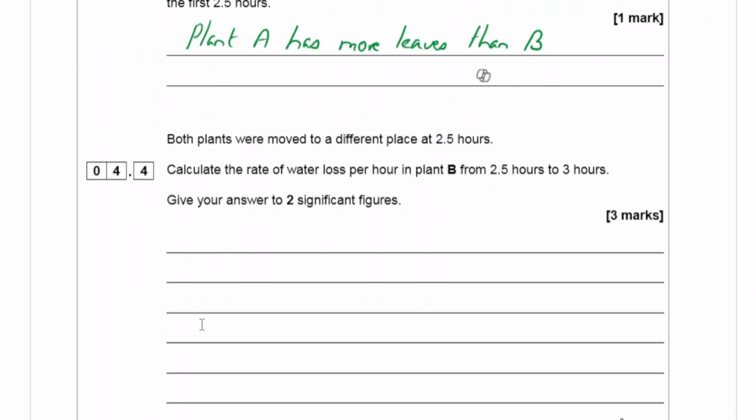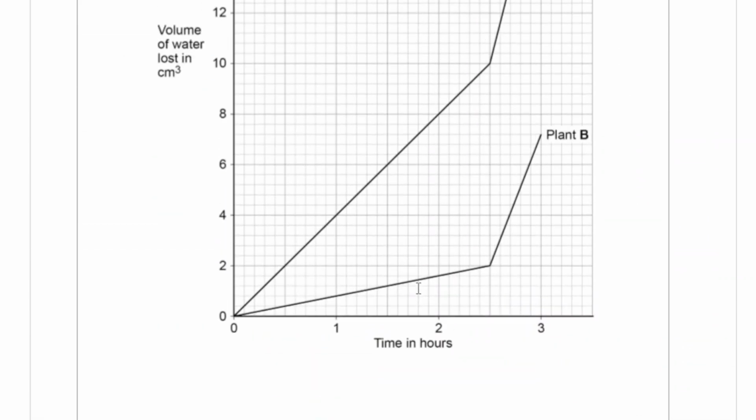Both plants were moved to a different place at 2.5 hours. Calculate the rate of water loss per hour in plant B from 2.5 to 3 hours. Give your answer to two significant figures. So, rate of water loss per hour. So for plant B, at 2.5 hours it's 2, and that would be 7.